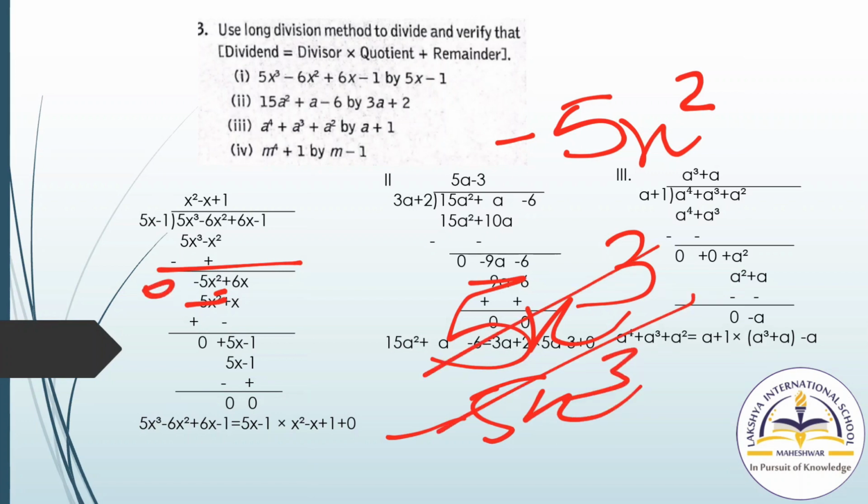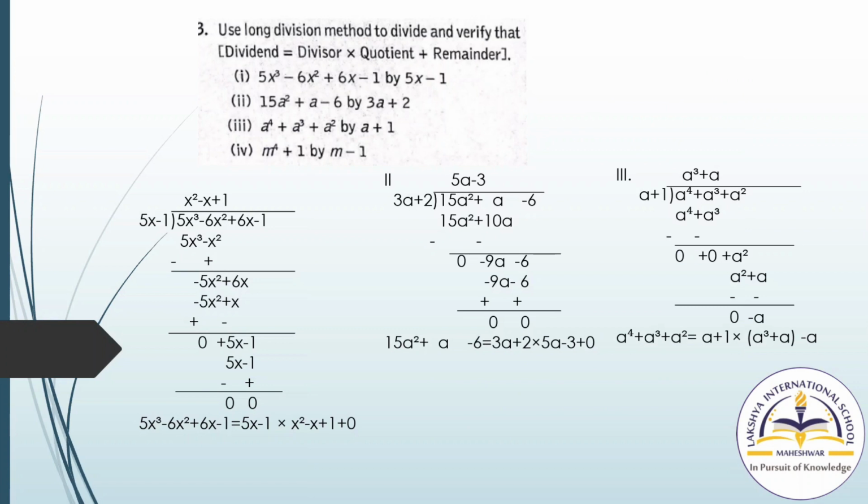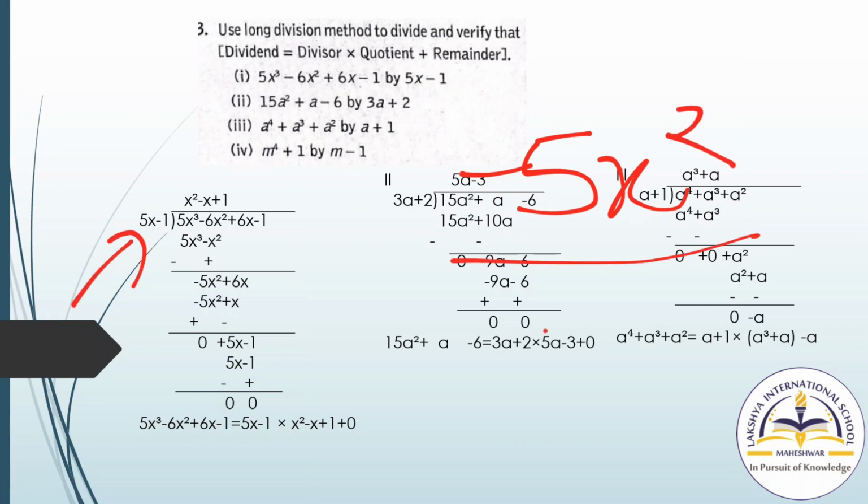Here it is 0, that's why we didn't write that. Now up to here we have completed. Now again we have to see which term is there, minus 5x square. Now divide by again this term, that is 5x. Now how many terms are remaining?